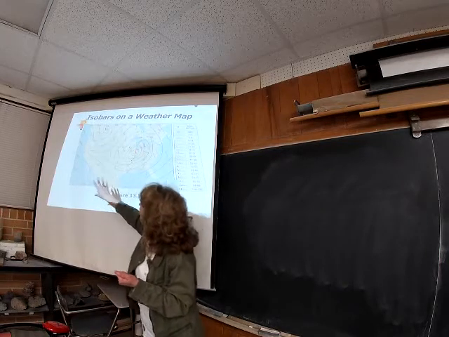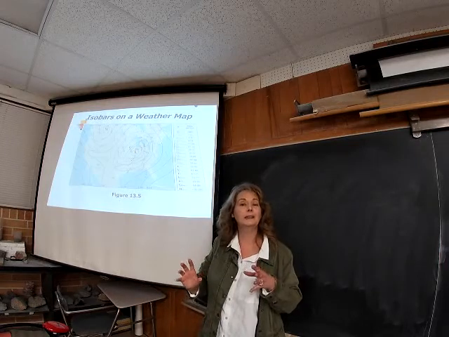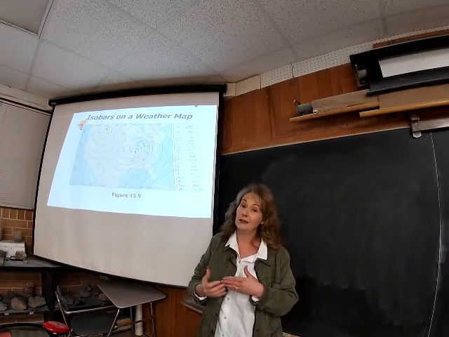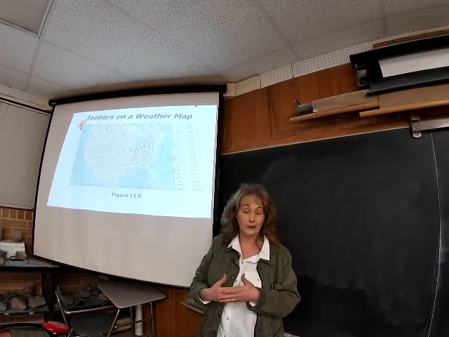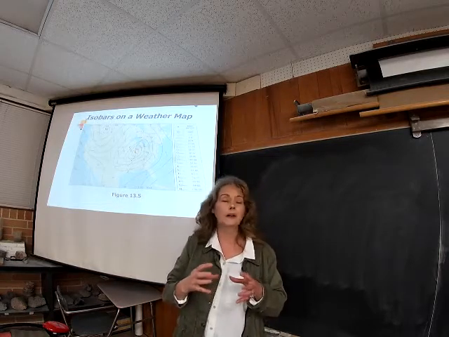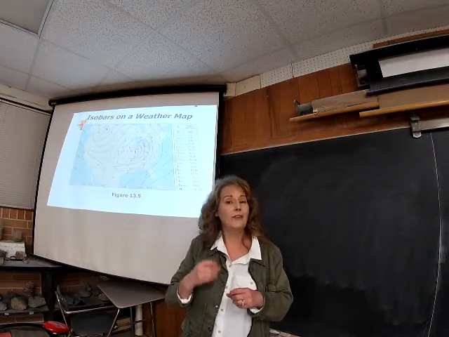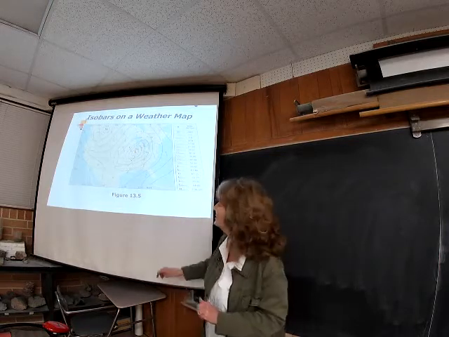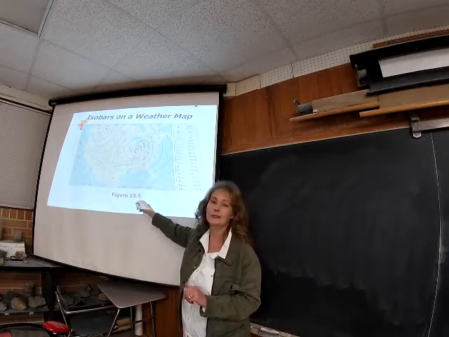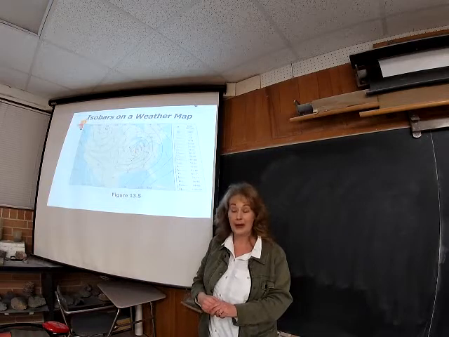And so as you go along, you can see anything along a particular line that's labeled is an isobar, an equal line of air pressure. And they typically will do an isobar interval of about 4 millibars. So you see the 1016, the 1020, the 1024. That's pretty typical on a weather map.